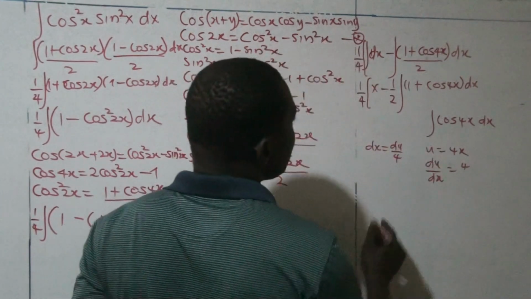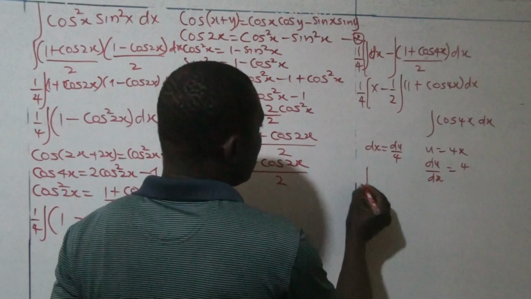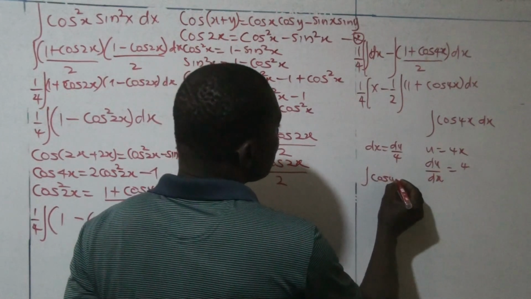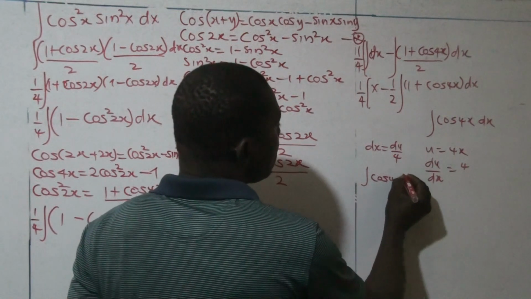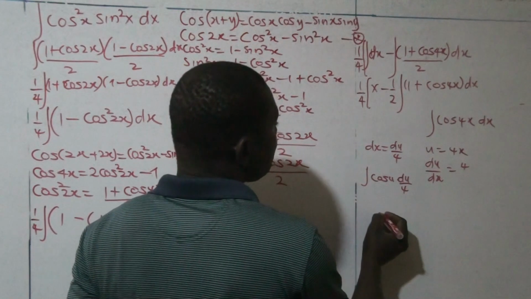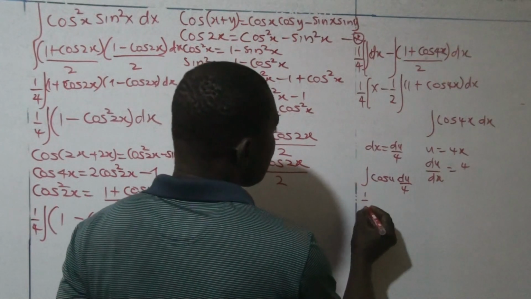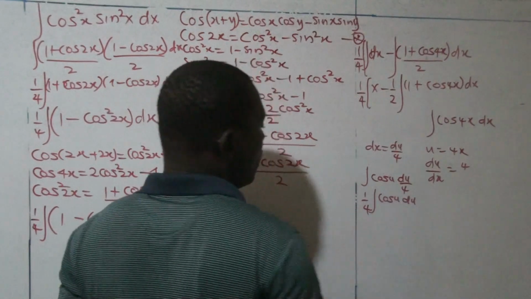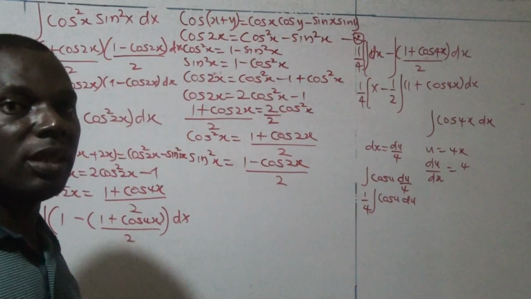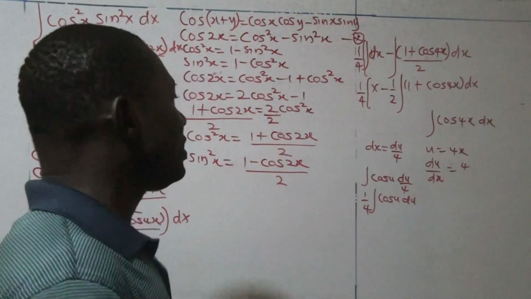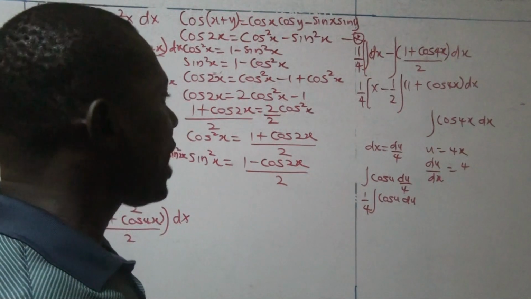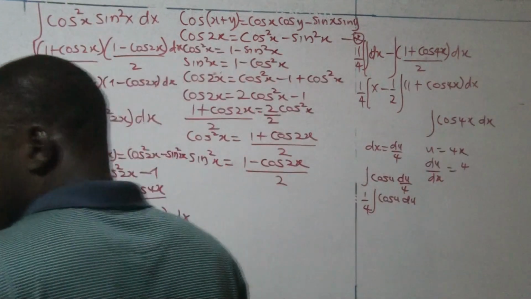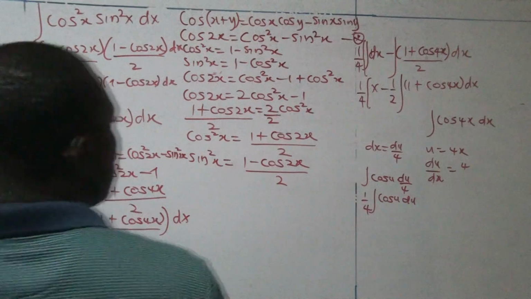If we put it in this expression here, this becomes the integral of cos u times du over 4. So we'll bring this out, 1 over 4 integral of cos u du. If we integrate cos, the result is sine. So sine u, and u is 4x.